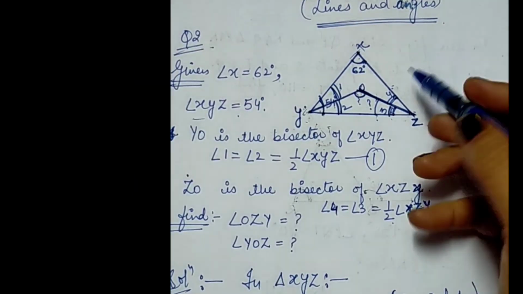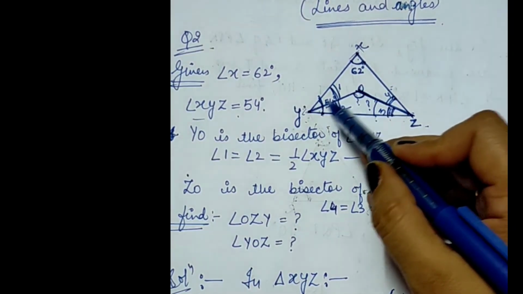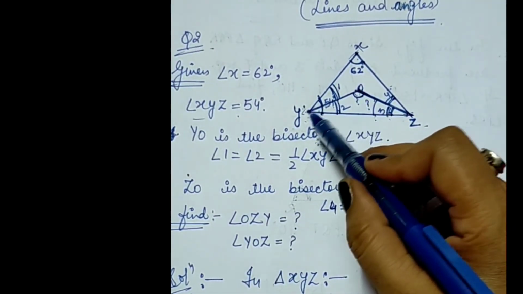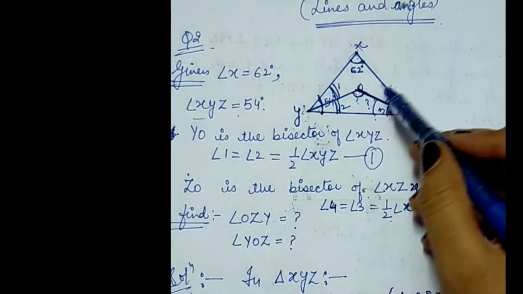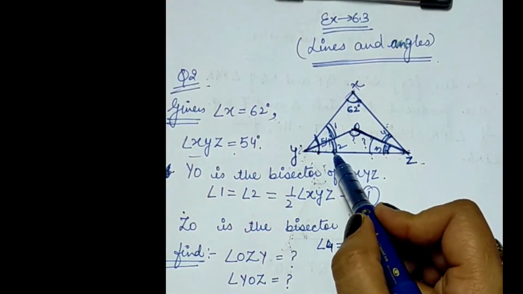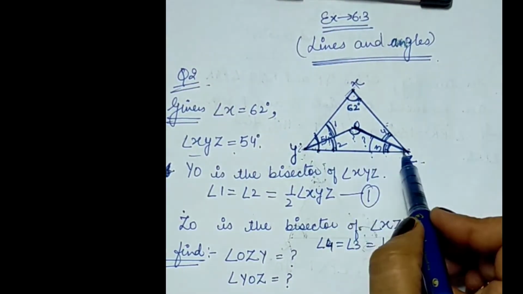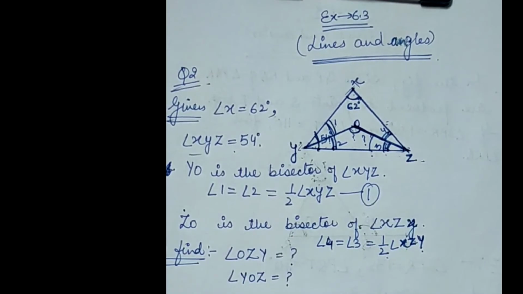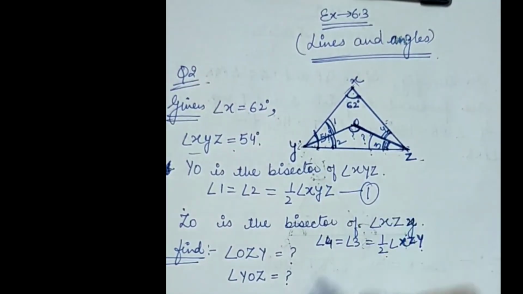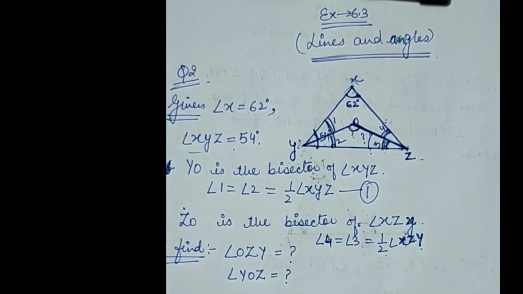Now we are supposed to find out YOZ. For YOZ we must have the other two angles, that means OYZ and OZY. OZY we got here. Now we are supposed to find out first of all this angle, and then we will apply angle sum property over here. So let me find out OYZ, and OYZ is half of angle XYZ.